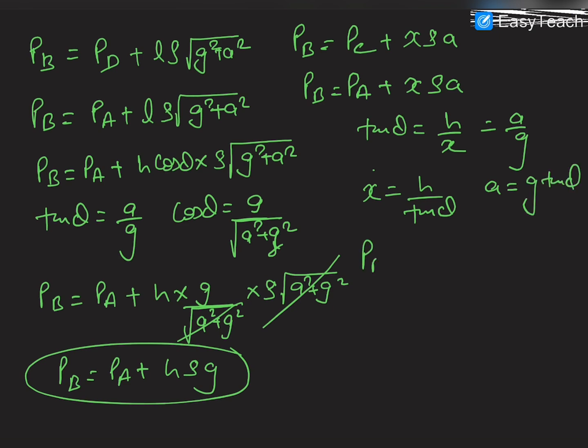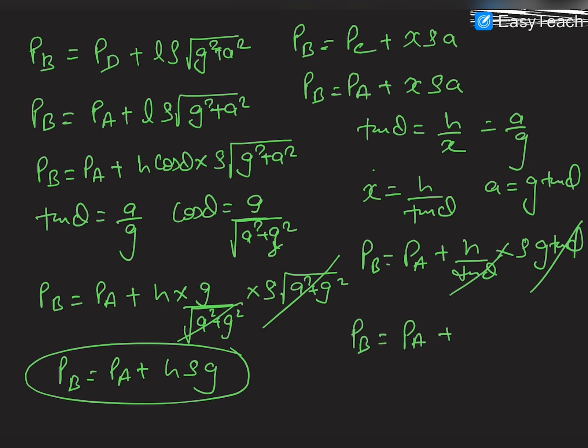So PB will be equal to PA plus h by tan theta into rho into g tan theta. So cancelling again tan theta, PB will be equal to PA plus h rho g. So this is the same result which we have already derived 2 times earlier.